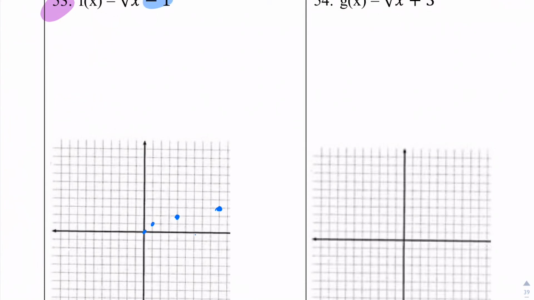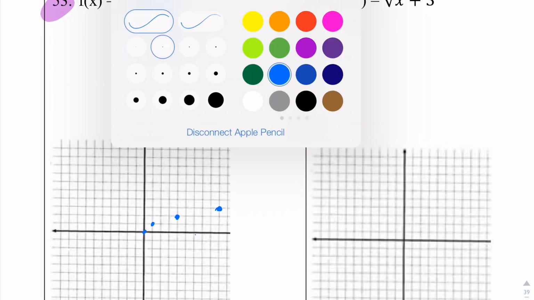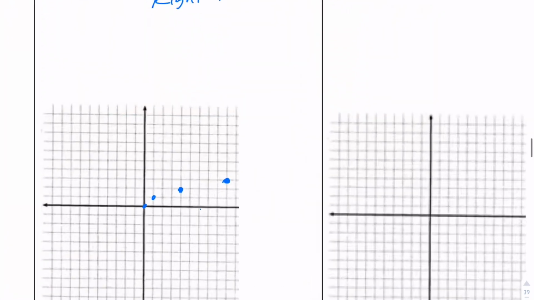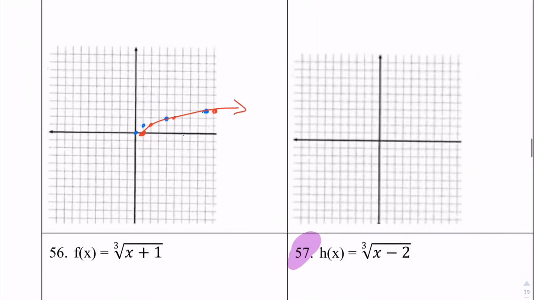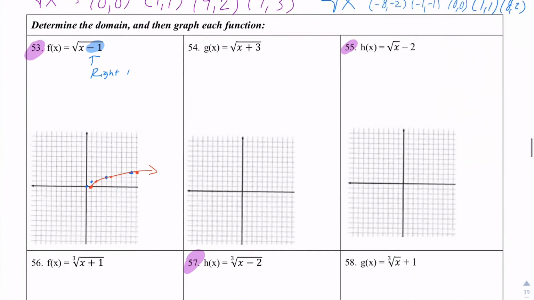Thinking back to Algebra 2, when it's connected to the variable like that, it's a horizontal, left to right movement, and it's kind of backwards from what we would think. So we're going to slide to the right one. Grab a different color here for dramatic effect, and each of my dots is going to be slid to the right one. And there's my square root of x minus 1.